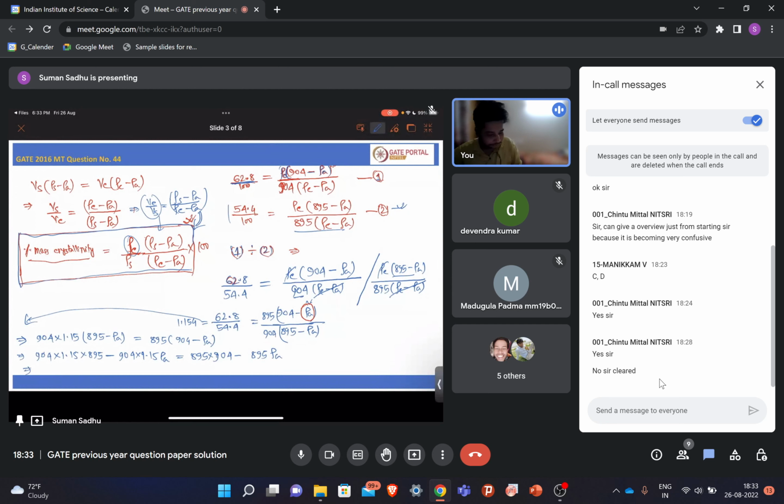So now if I bring the rho a terms to this side, it will be (895 minus 904 into 1.15) rho a equal to 895 into 904 minus, bringing this one to this side, 904 into 1.15 into 895.